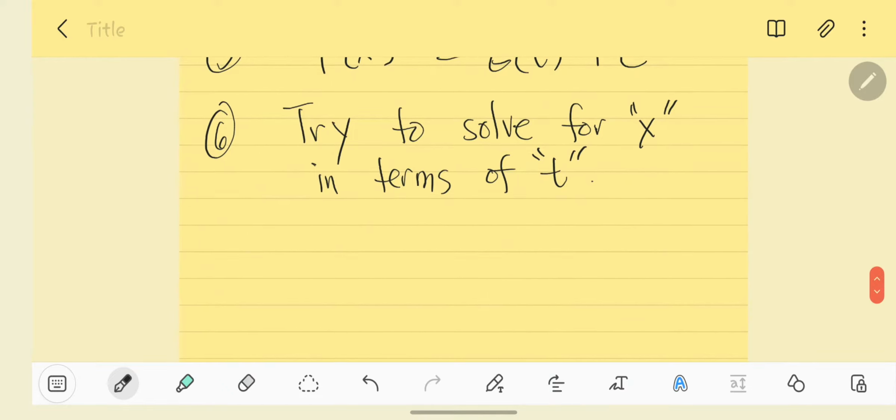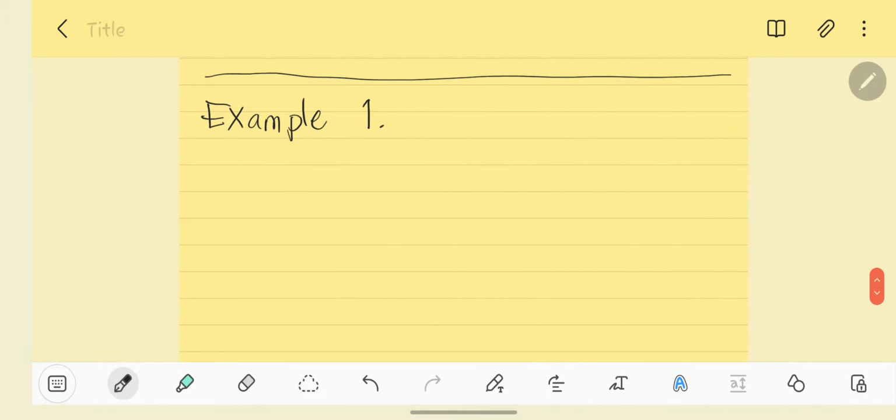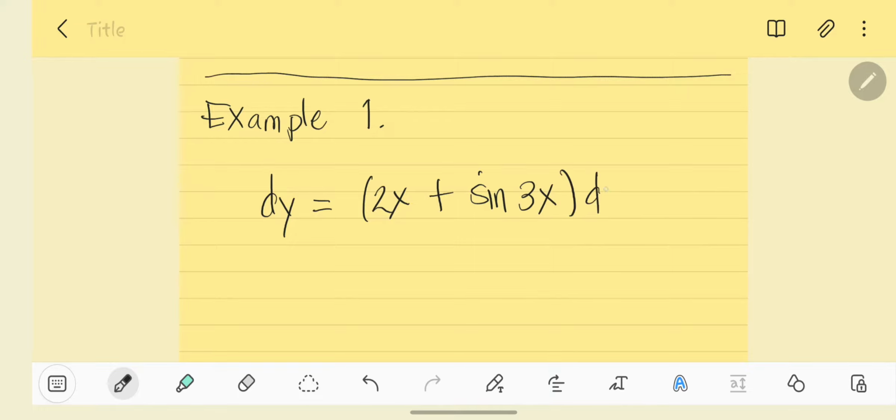So let's say, for example, example number 1. dy is equals to 2x plus sine 3x dx.